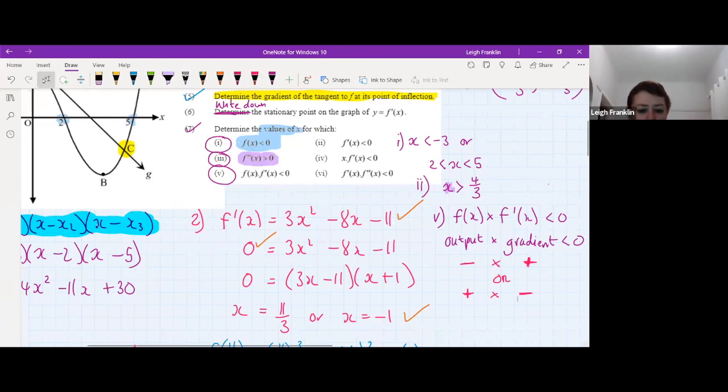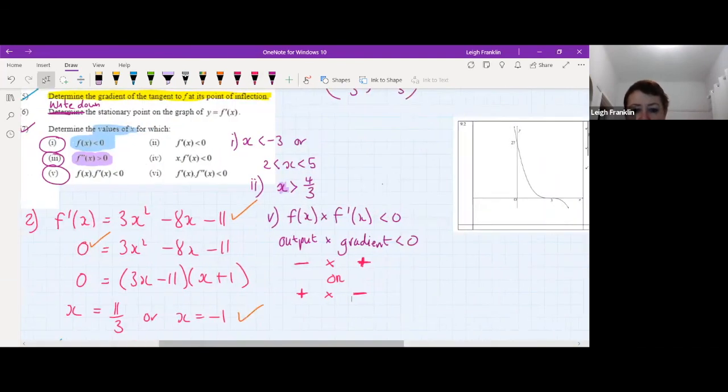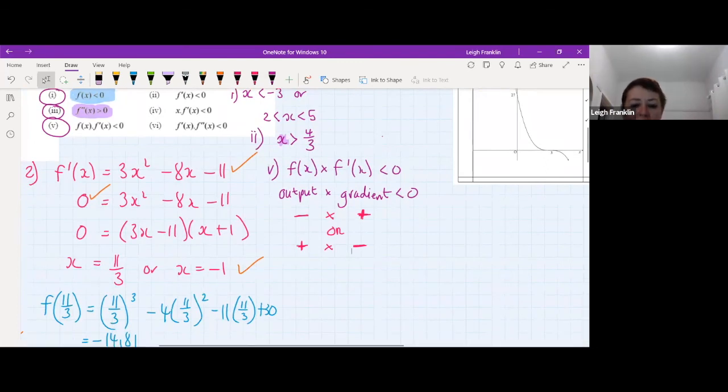So either we have to be walking uphill below the x-axis. Does that make sense to you? We have to be walking uphill below the x-axis. The gradient is positive while output is negative. So this bit over here means we are walking uphill below the x-axis.